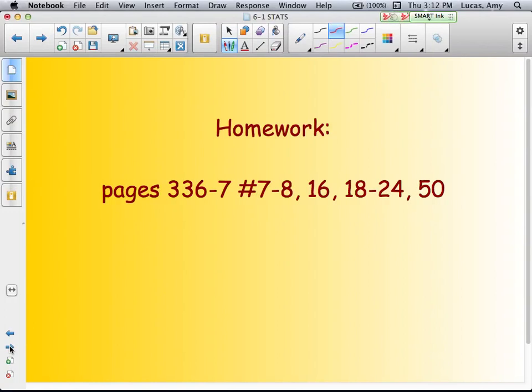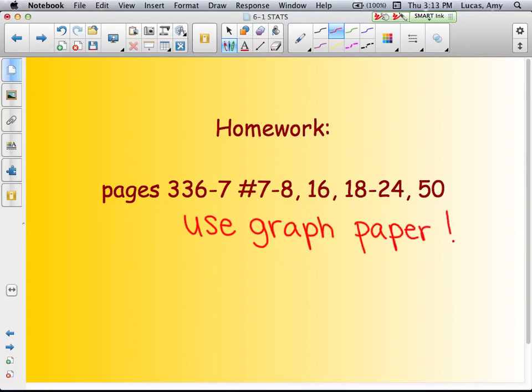Use graph paper because if you are looking for the point where your lines intersect, it is not going to be so easy if you're using just plain white paper or notebook paper, because you very specifically are looking to name that point where the two lines cross if they're intersecting. So it's a lot easier if you use graph paper and use your slope, rise over run, and just continue your lines until they cross.